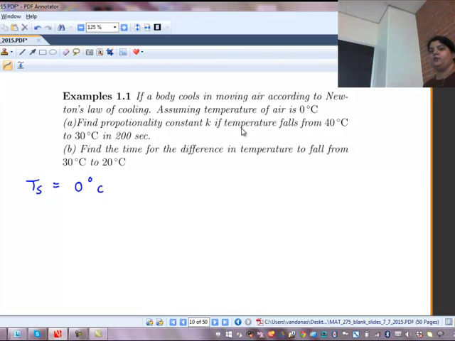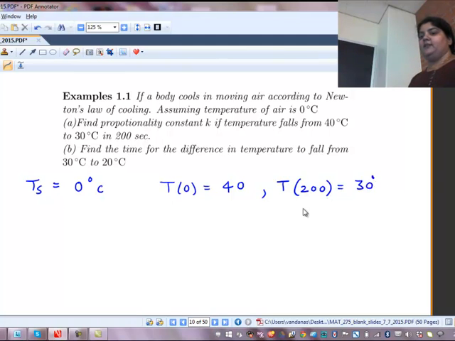Now we need to use that formula. So what is the initial temperature here? 40. Final temperature 30 degrees, because we are trying to find the proportionality constant, and in 200 seconds it reaches 30 degrees Celsius.